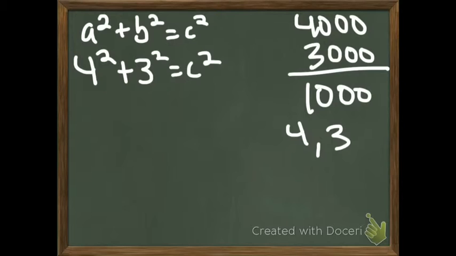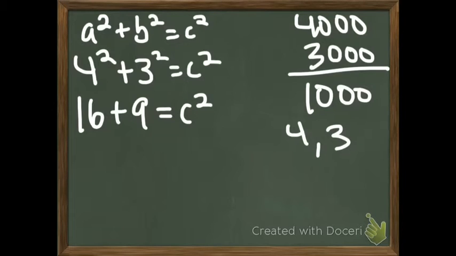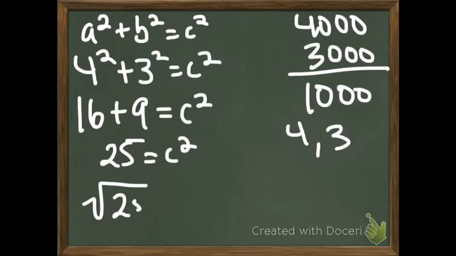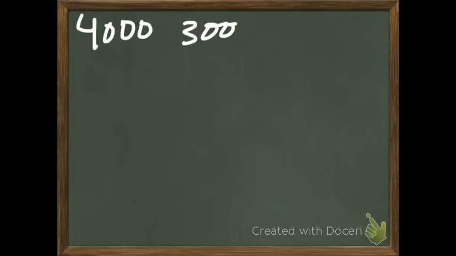Now, as we've done before, it becomes 16 plus 9 equals c squared, and adds up to 25 equals c squared. Square root of 25 then becomes 5. However, we don't stop there. We know that the original lengths were 4,000 and 3,000 miles.